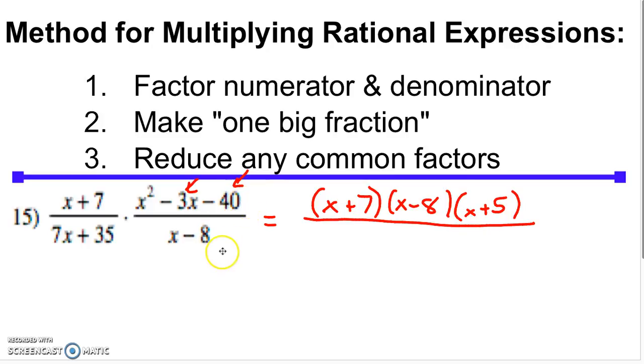So now we'll go to the bottoms and we'll factor anything we can factor here. Well, 7x plus 35. The first thing you always look for when factoring is a GCF, and there is one. 7 is in common. Now it's a common mistake not to write that 7 down. Be careful that when you do GCF, you always write that GCF in front of parentheses.